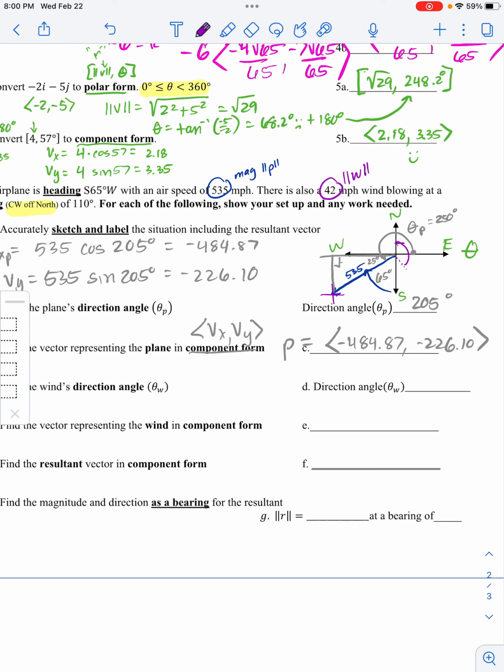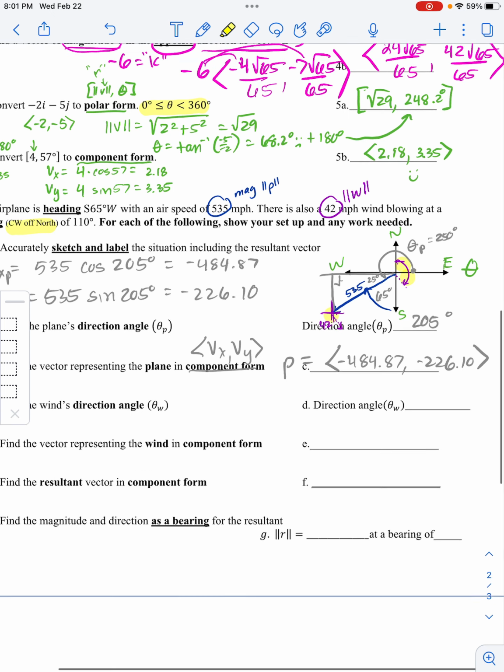So the next, I'm taking this same concept to the end of the plane vector, starting at north, going 110, puts me kind of down here-ish, and that is only going to be 42 long. So I'm going to use the one I drew up here because it's easier to see. So up here, you can kind of get the more magnified version than this little dinky thing down here.